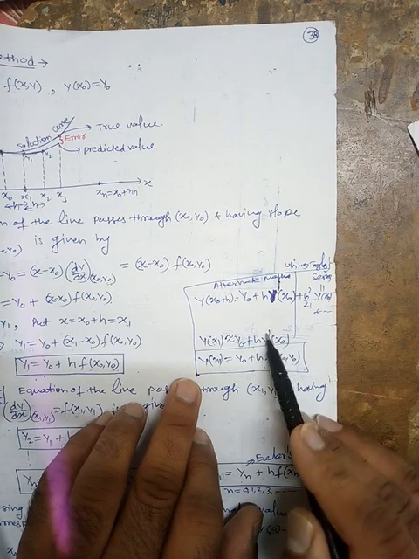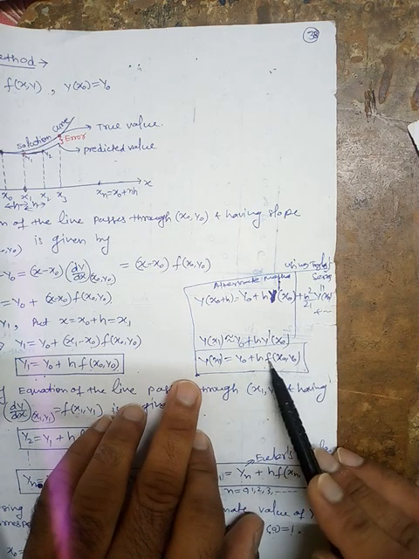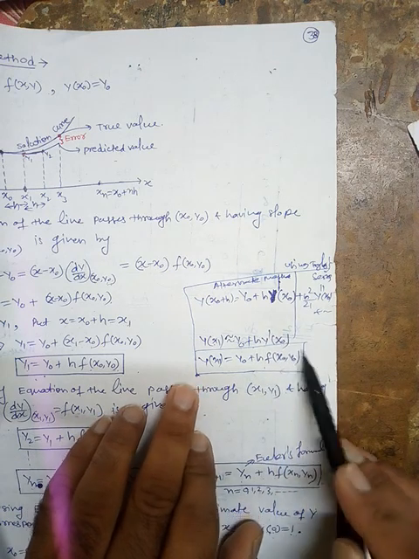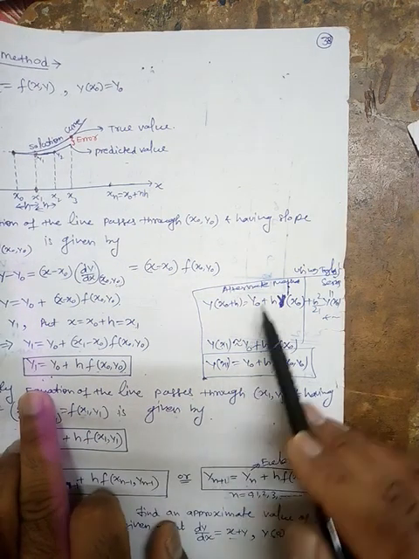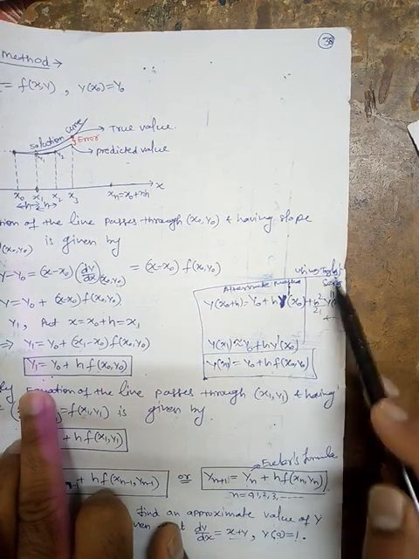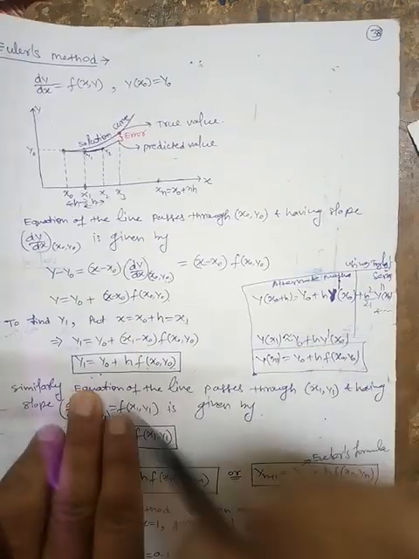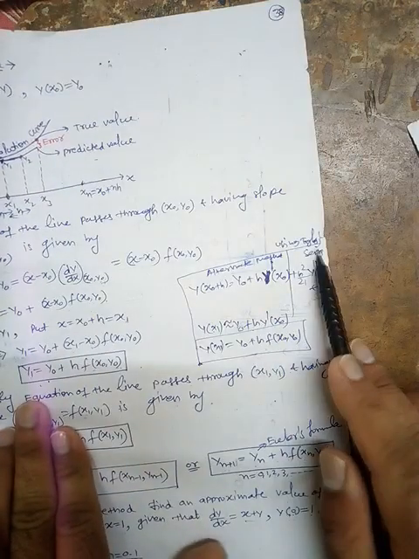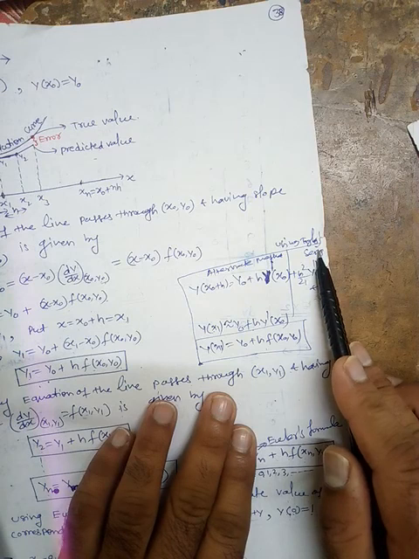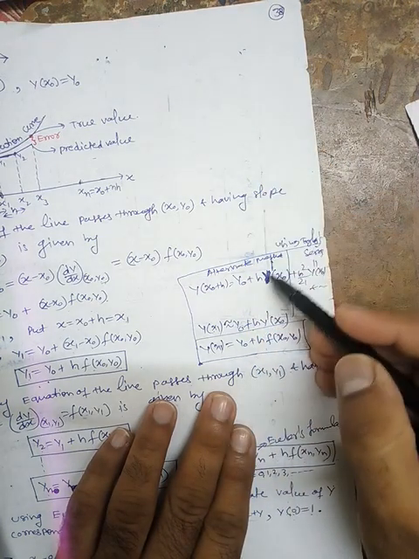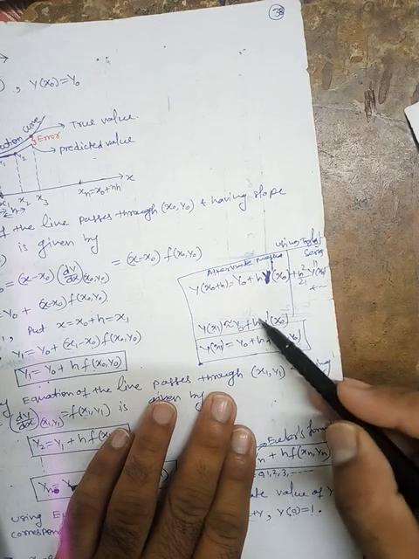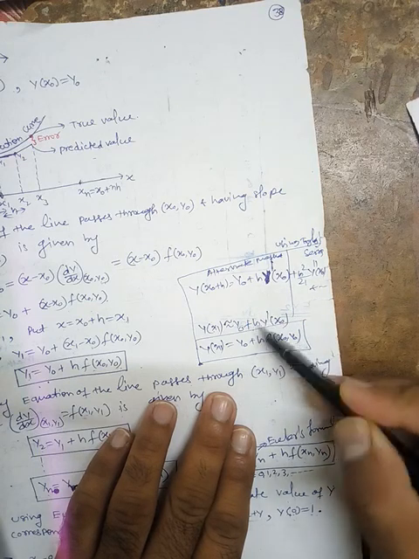What is y dash? Y dash is nothing but f. So f at x naught, y naught, and this is basically the same formula. So this is the alternate way using Taylor series. We can say that Euler's method is basically Taylor's method truncated at first order. We are considering the approximation up to first order.